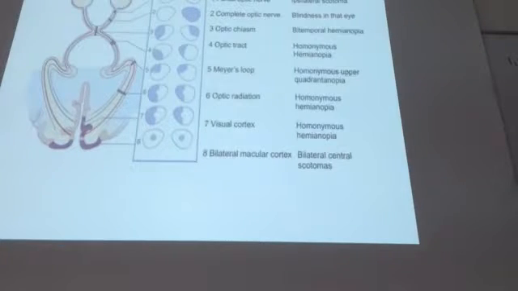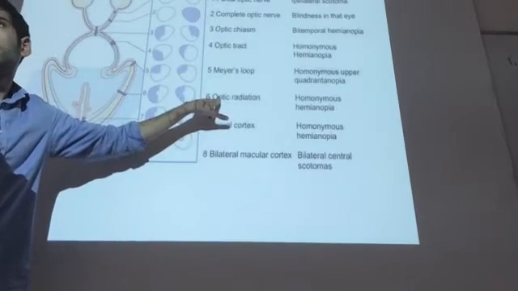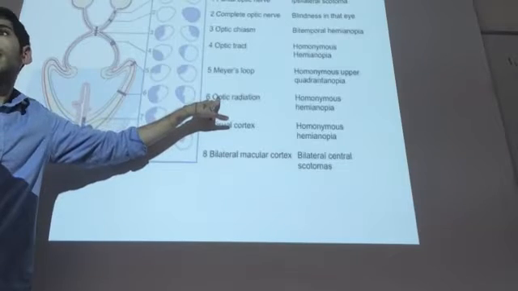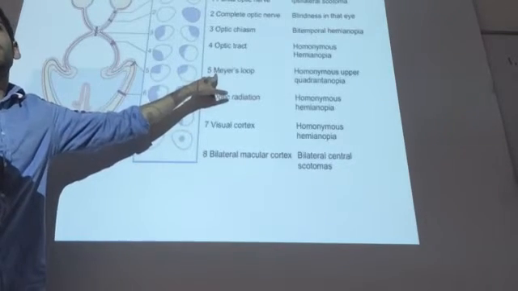That's how I remember temporal. And dorsal optic radiation, I think of a dorsal fin. And what's on the top, what's dorsal of your brain, your parietal lobe. So that's how I remember the difference between dorsal optic radiation, which goes through the parietal lobe, and the Meyer's loop, which goes through the temporal lobe.